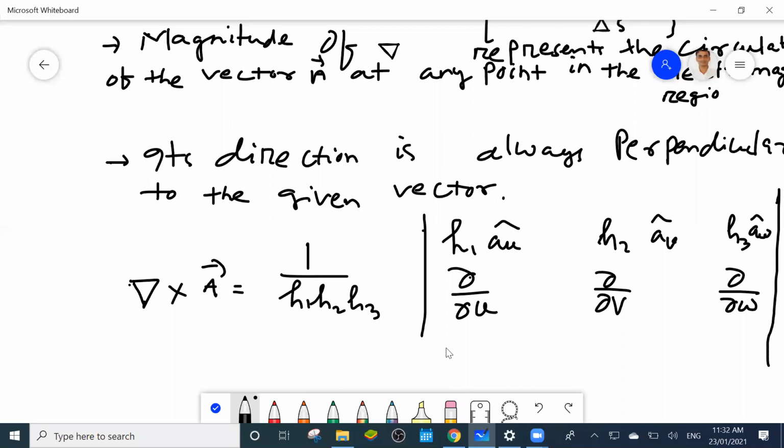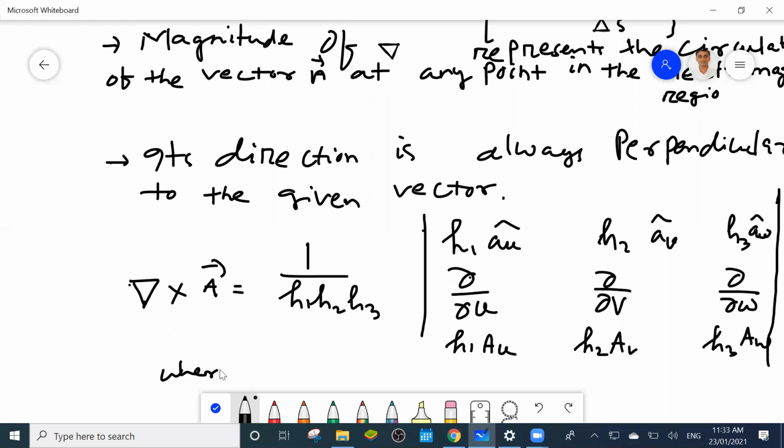The last one, the third row element, is h1 A_u coefficient, h2 A_v, then h3 A_w.